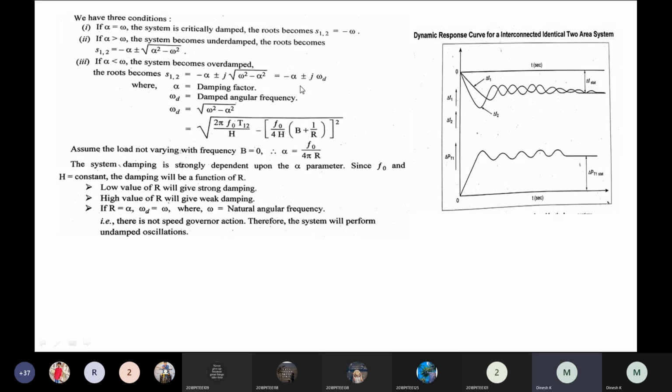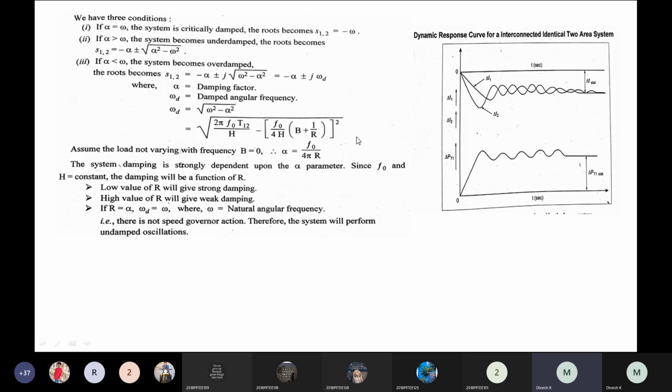So I have my omega as well as alpha. Omega is nothing but 2 pi f naught t12 by h, and alpha is nothing but f naught by 4h, b plus 1 by r the whole square. If I assume b equal to 0, alpha is modified as f naught by 4h r. So the system damping is strongly dependent on your alpha parameter.